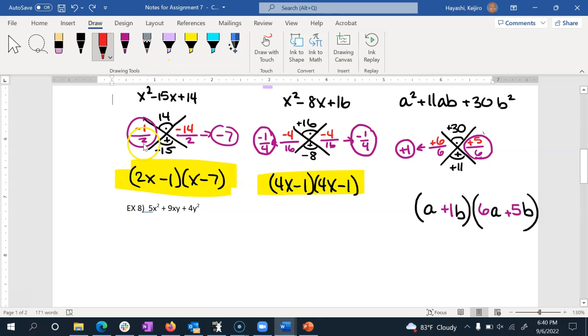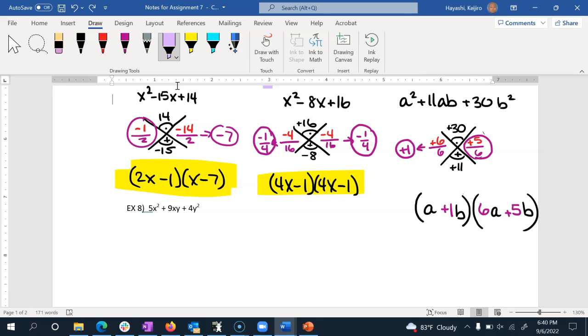Okay. These are pretty rare. I say that, and then there's another one. Okay, so 5x squared plus 9xy plus 4y squared. So they start with an x squared, meaning that your factors are going to have x's in the front of each factor. What is going to be in the back of each factor that you can tell because there's that y squared there? Y. So each factor is going to contain an x in the front and a y in the back.